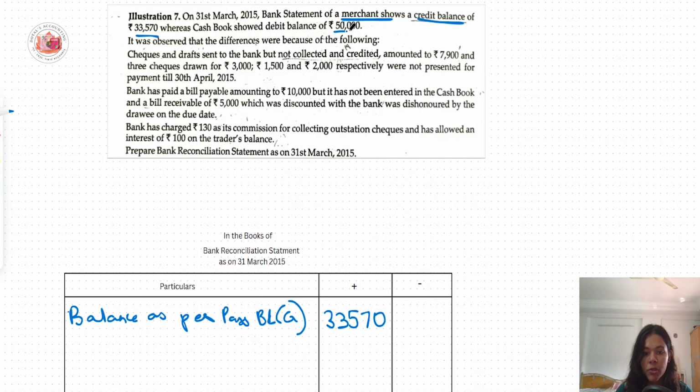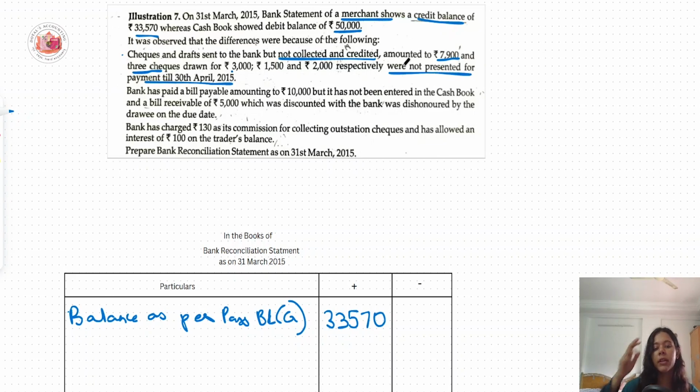And my cash book shows debit balance of 50,000. It was observed that differences were because of the following: checks and drafts sent to the bank but not collected and credited amounted to 7,900, and 3 checks drawn for rupees 3,000, 1,500 and 2,000 respectively were not presented for payment until 30th April 2015.